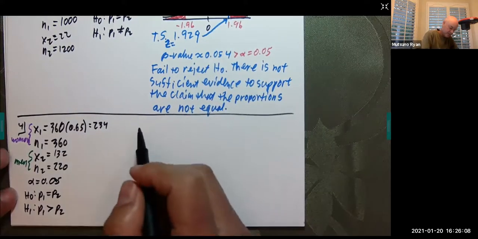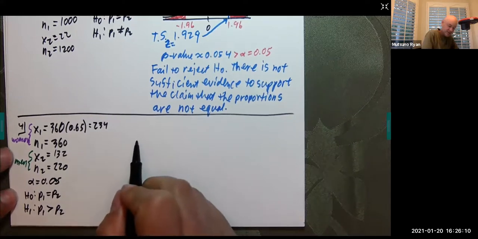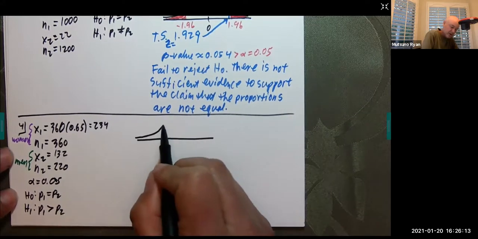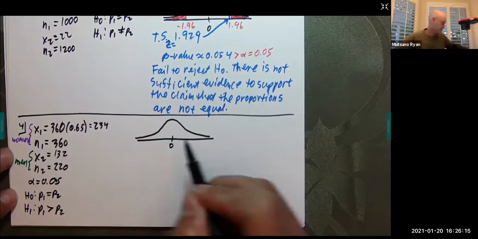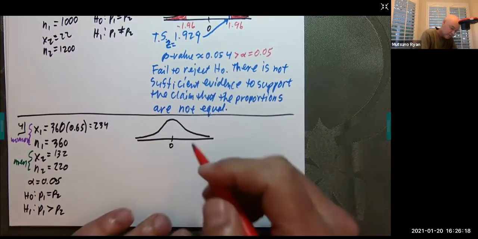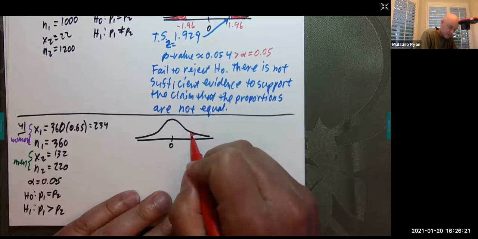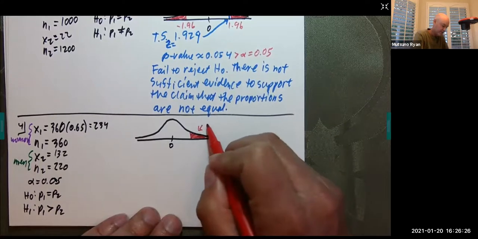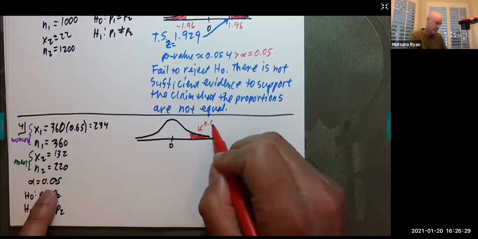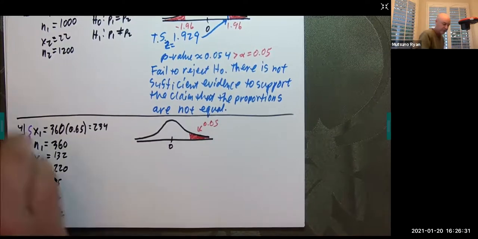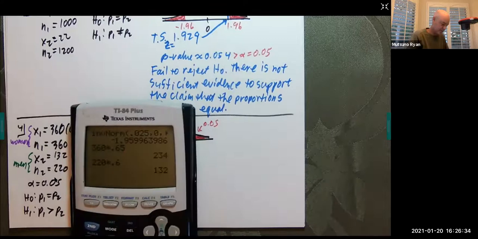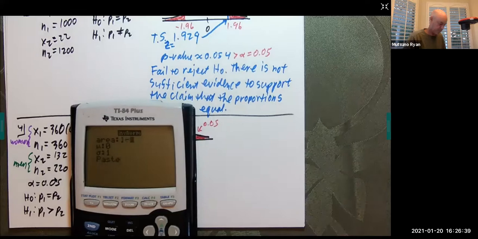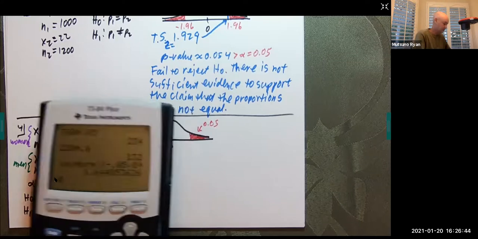All right, so this is going to be a right tail test, and that gets all of the alpha, the 0.05. And to get the critical value, we'll do inverse norm, and I have to do the 1 minus .05.